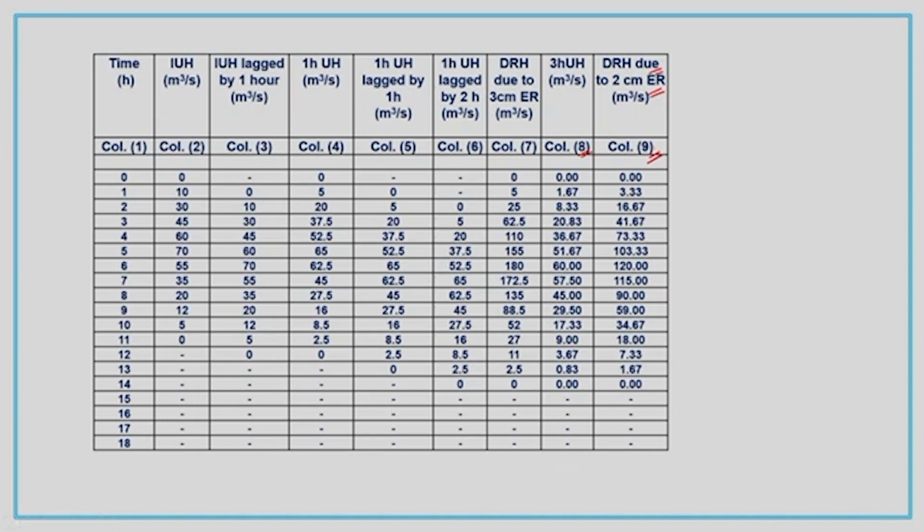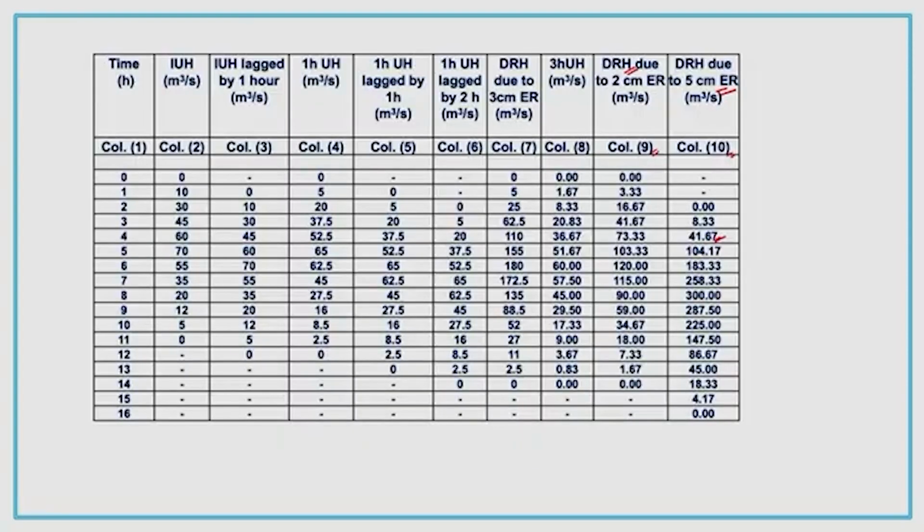Once the DRH due to 2 centimeters is obtained, after 2 hours we are getting an effective rainfall of 5 centimeters for a duration of 2 hours. So, we need to derive the DRH due to 5 centimeters, but it should be starting after 2 hours only.